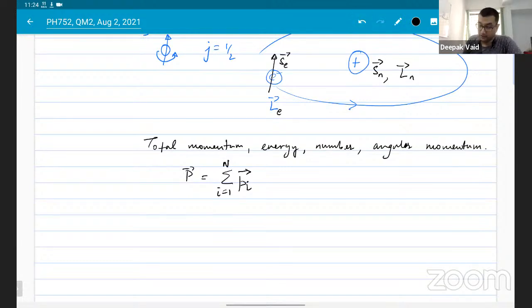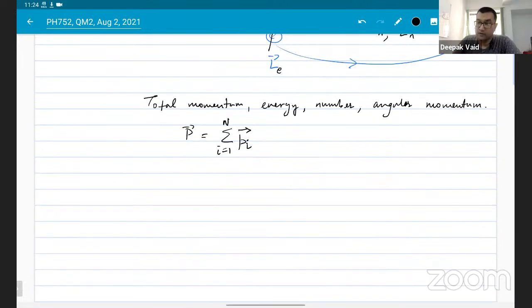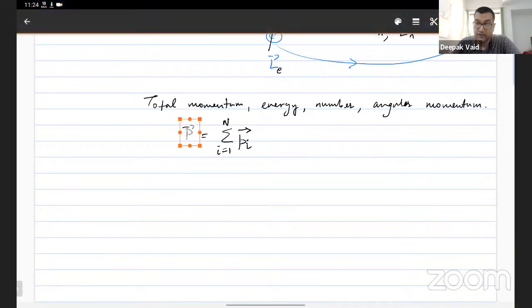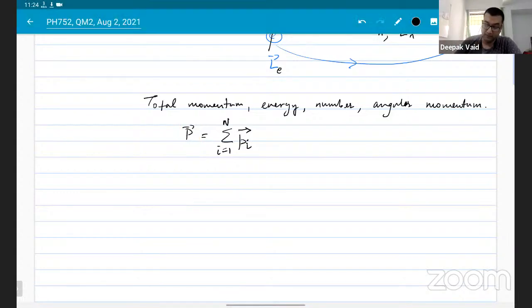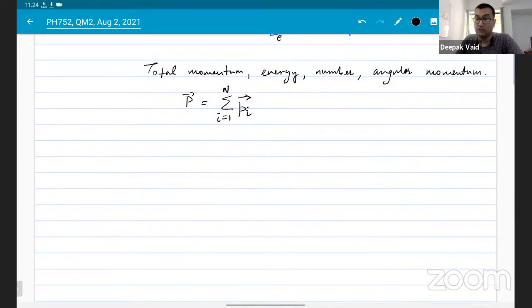You want to be able to act on that wave function, on that state, with this total momentum operator, right? So that wave function which represents this collection of particles can be said to have a total linear momentum. Right? So how would one go about doing that?